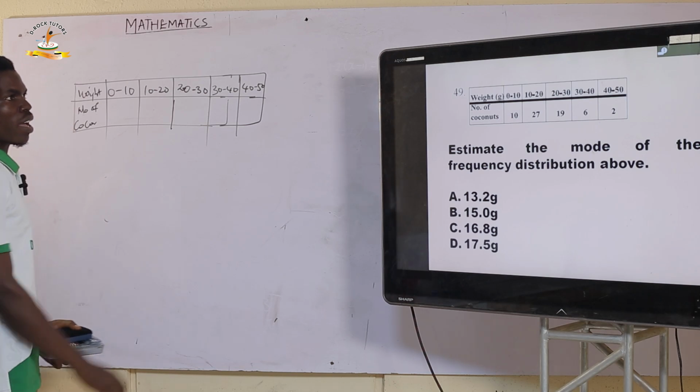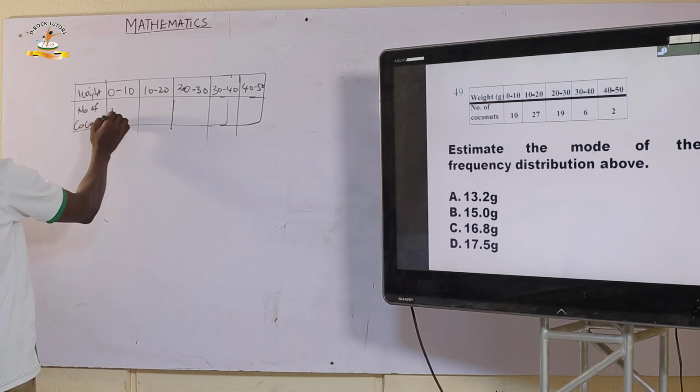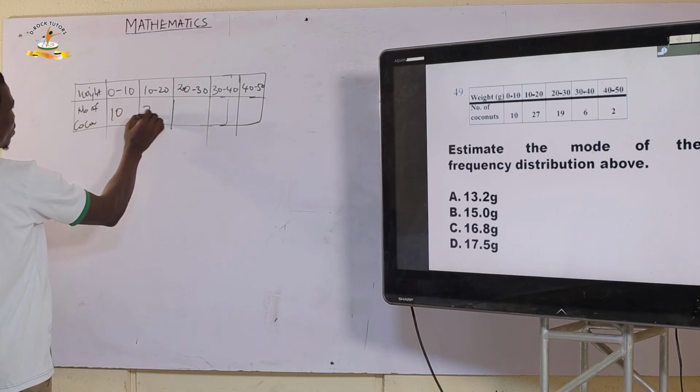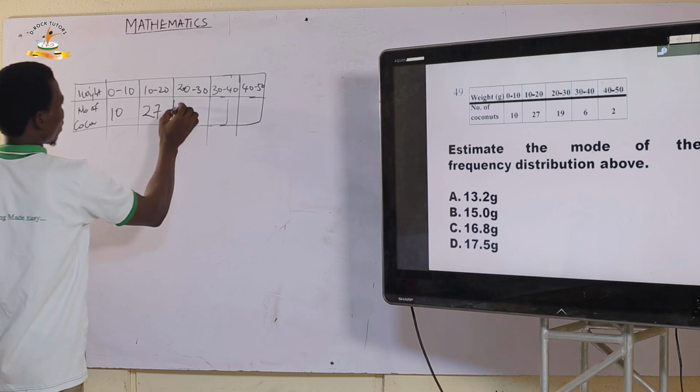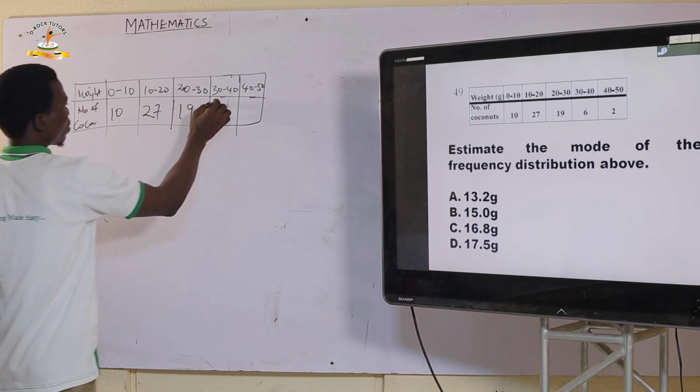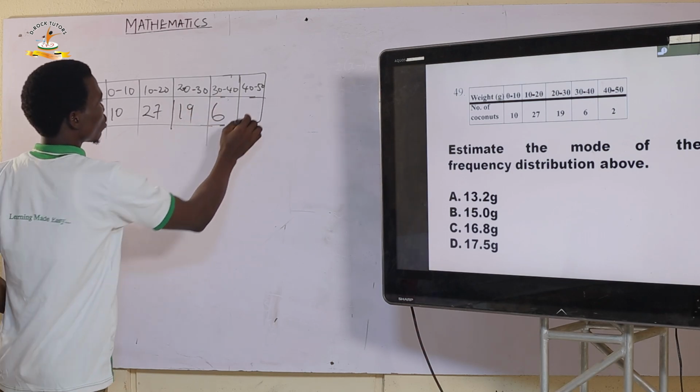So we have the frequency 10, 27, 19, 6, and what? 2.